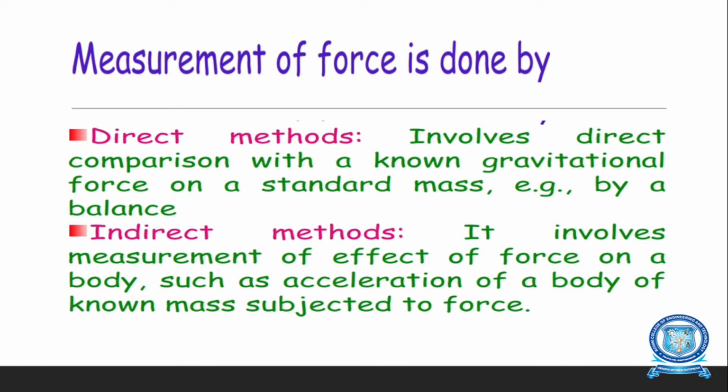Now, what is the indirect method? It involves measurement of the effect of force on a body, such as acceleration of a body of known mass subjected to force. So, this is the indirect method.